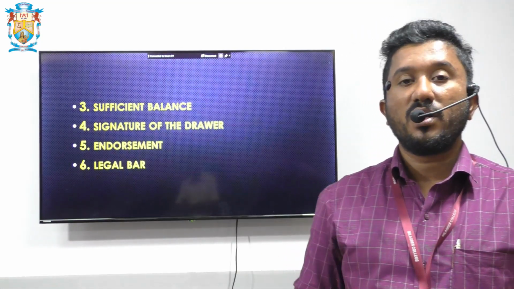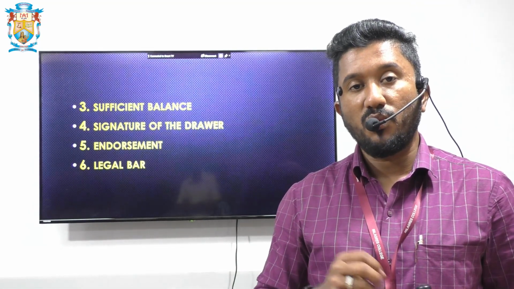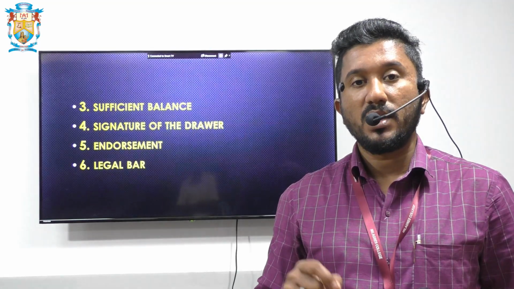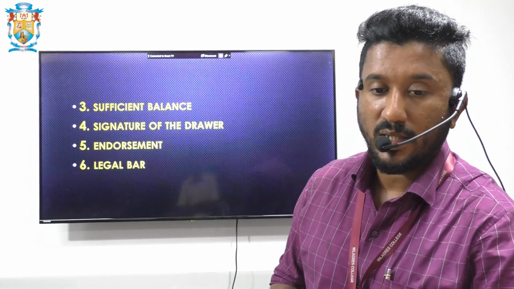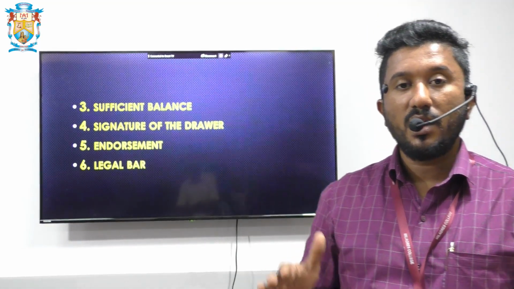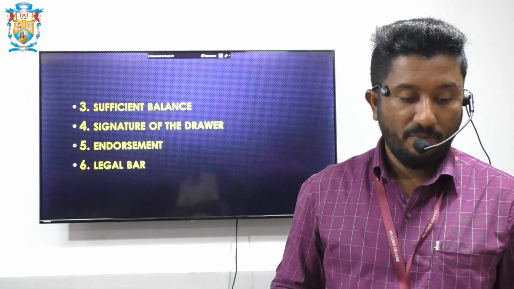They have to dishonor the check and inform the customers. So this is very important. Otherwise, what happens? The banker is liable for the insufficient balance. They have to bear the consequences. That is why they have to be very careful before honoring the check. They have to check the account balance of the customer.